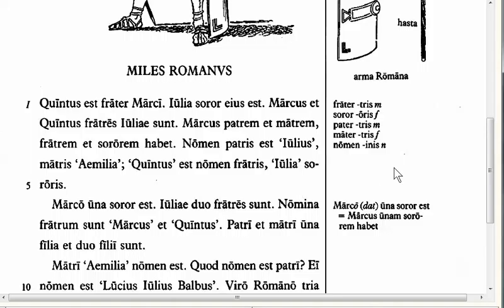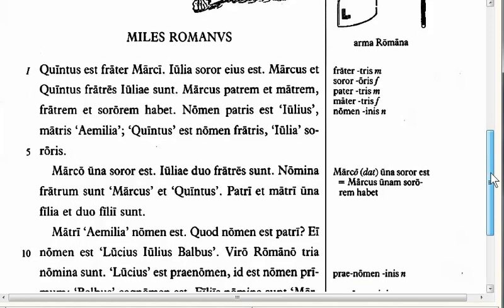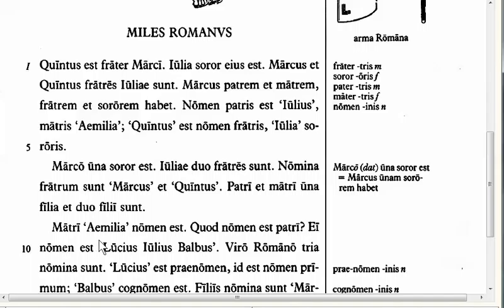Notice also in line 9, where we have matri Aemilia nomen est, and quod nomen est patri, et nomen est Lucius Iulius Balbus. So we have the name to the mother is Aemilia. What is the name to the father?